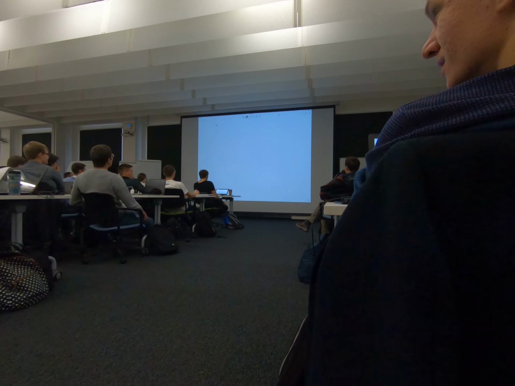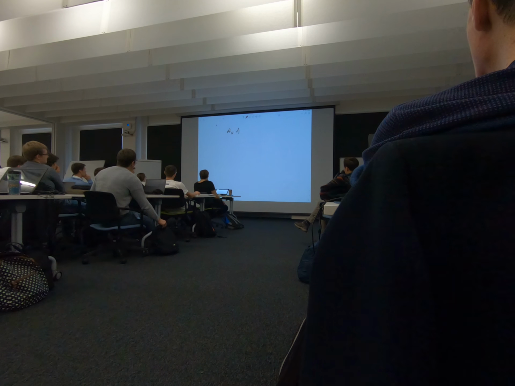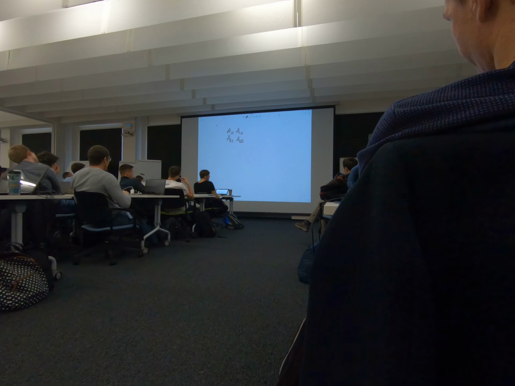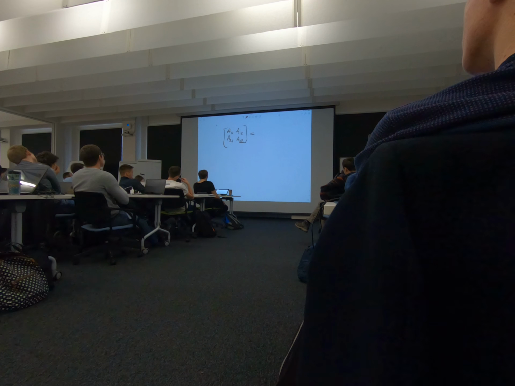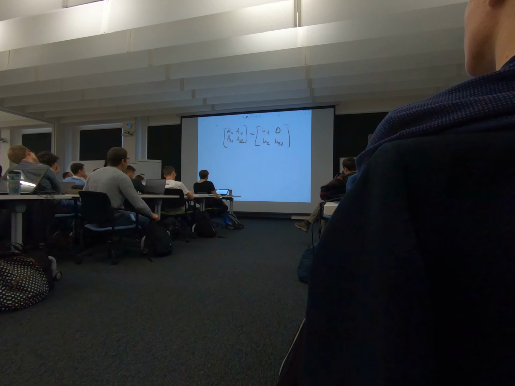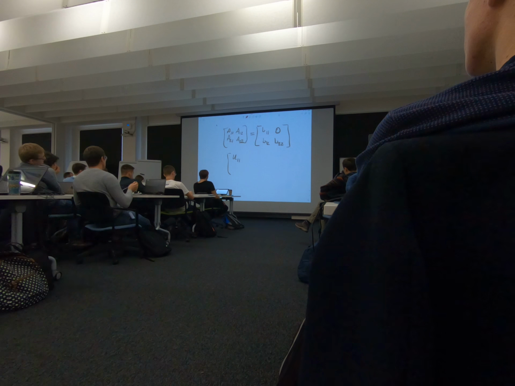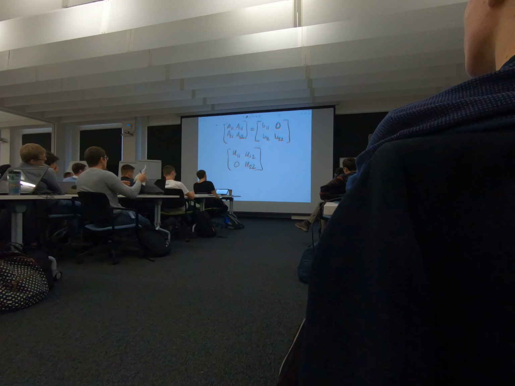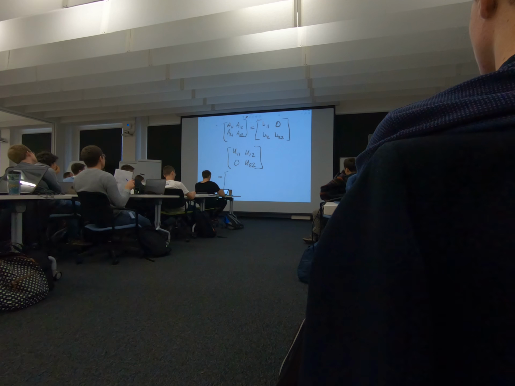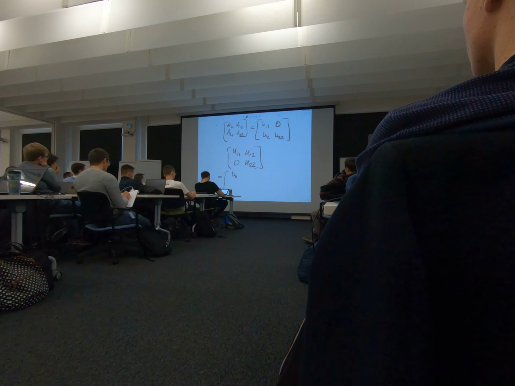So, what do we have? We have a block matrix. And we have L11, L12, L22, 0 times the upper triangular U11, 0, U12, U22. So, we basically have to multiply this, right? So we have the product. L11 times U11, so it's like this.